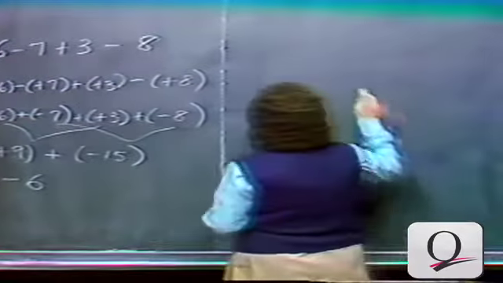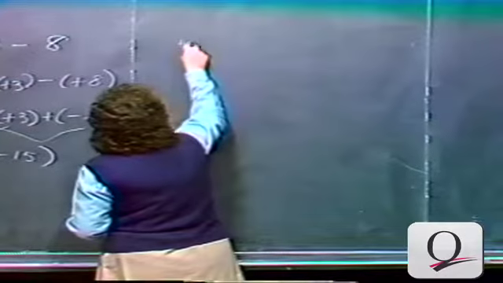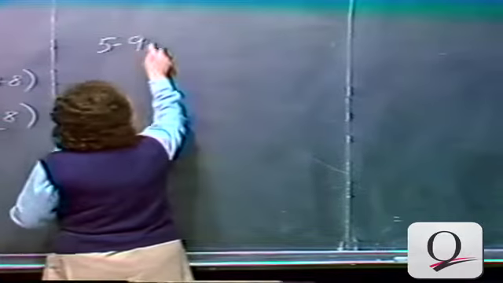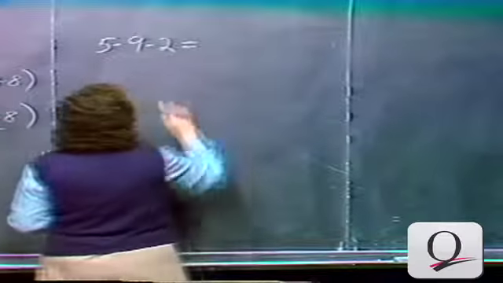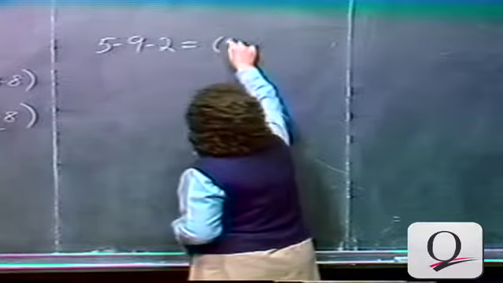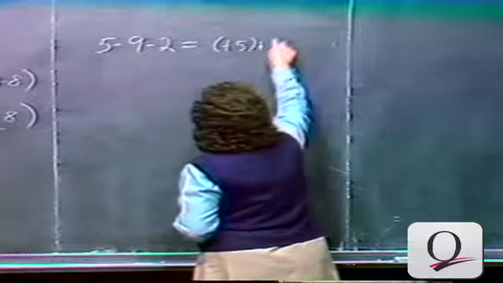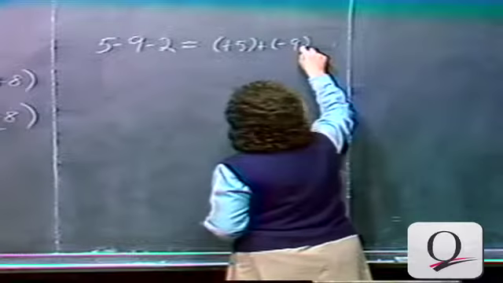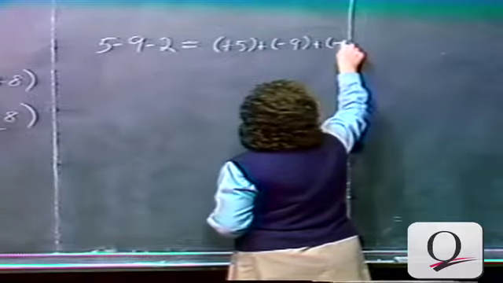Okay, let's try some more problems. If I have 5, take away 9, take away 2, one way of looking at it is a +5 and a -9 and a -2.